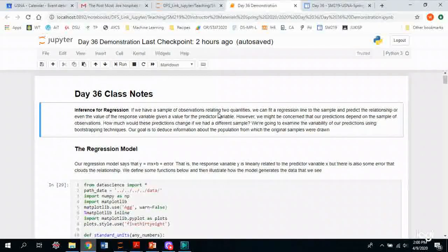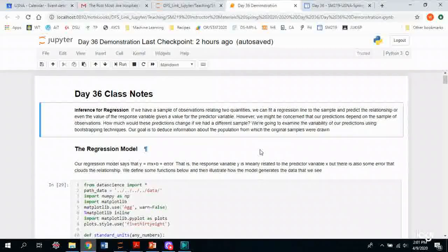Here I'm looking at the Day36 class notes, the demonstration, and to start, let me just say something about inference before we get into the regression model. If you have a sample of observations relating to quantities in x and y coordinates, we can fit a regression line to the sample and predict the relationship, or even the value of the response variable given a value for the predictor variable.